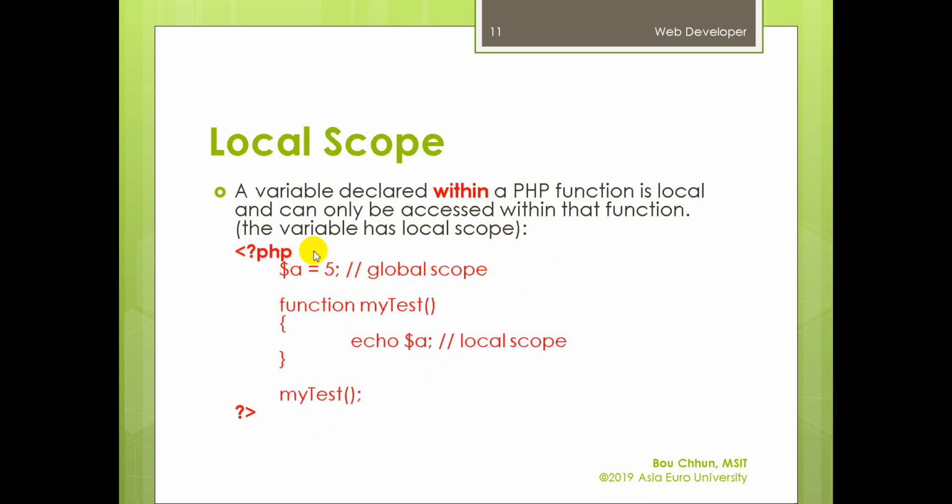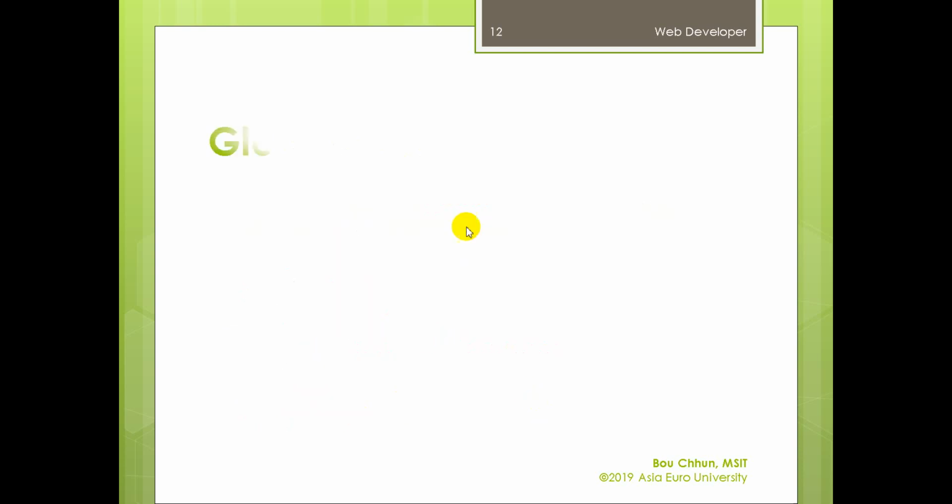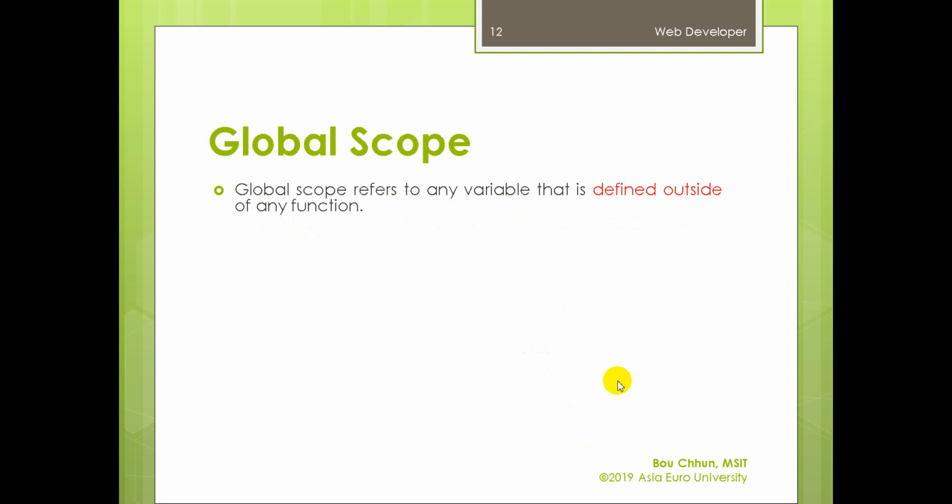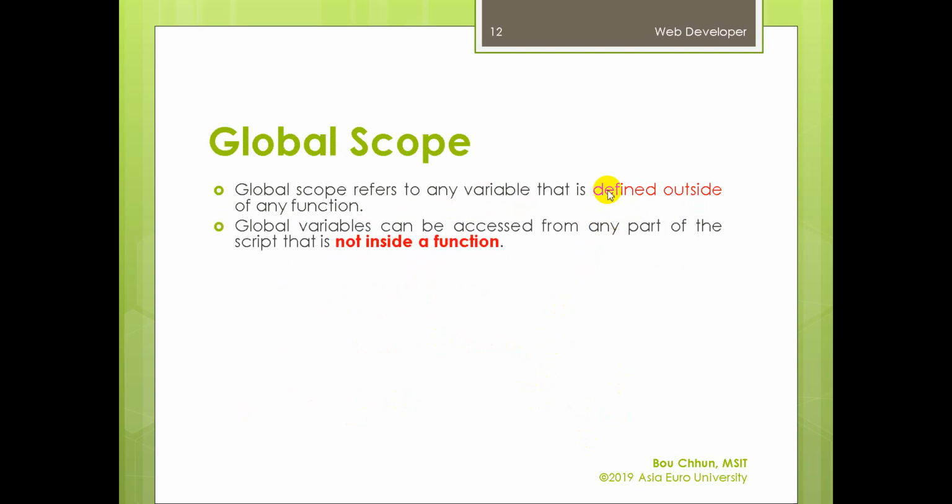So a variable A in global scope, when you use it in local scope, is not available, and then you call my test. A global variable is defined outside a function, and can be accessed from any part of the script that is not inside a function.